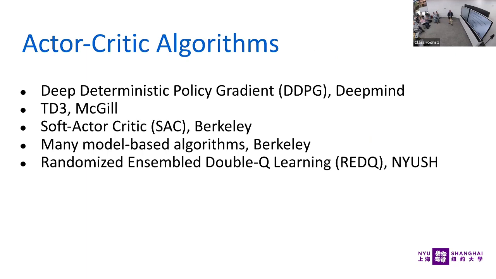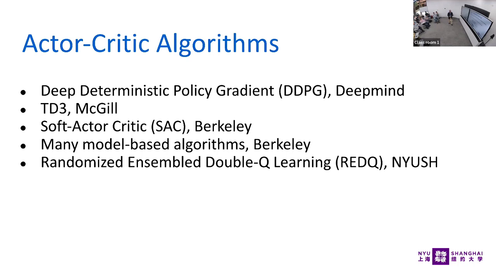There's been a number of actor-critic algorithms. Some of you may have heard about them. There's the so-called deep deterministic policy gradient, DDPG. Then there was TD3. Then there was an algorithm that was popular for several years called soft actor-critic, which was the state-of-the-art for several years and came out of Berkeley.